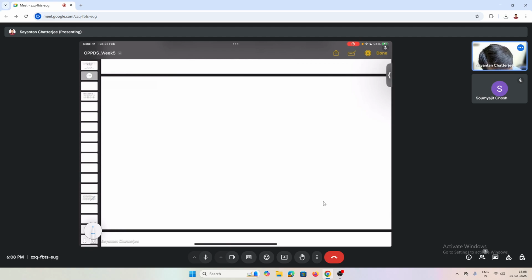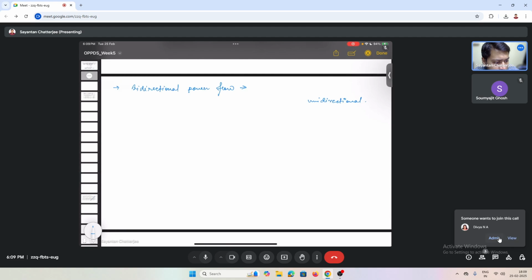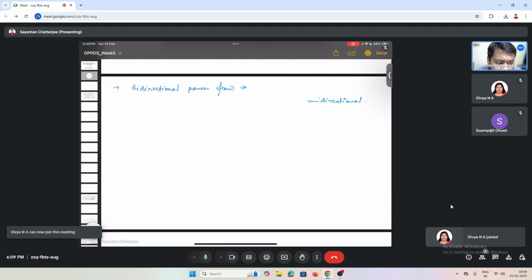With bidirectional power flow in place, consumers have also become prosumers, since they are also producing electricity. Previously it was mostly unidirectional.